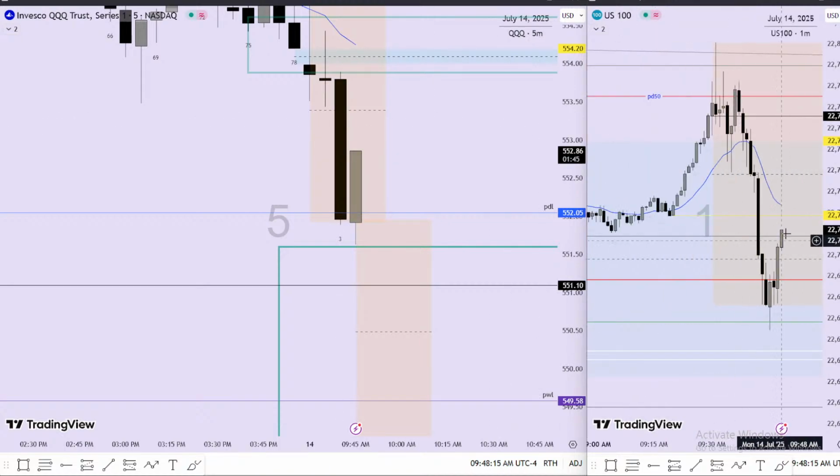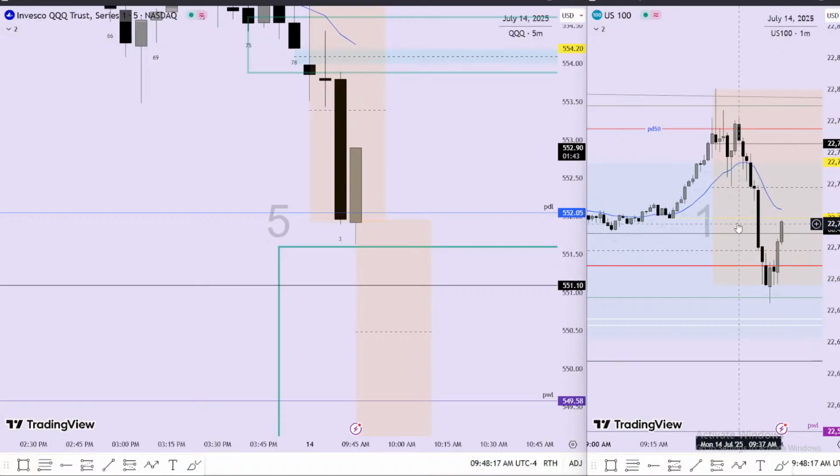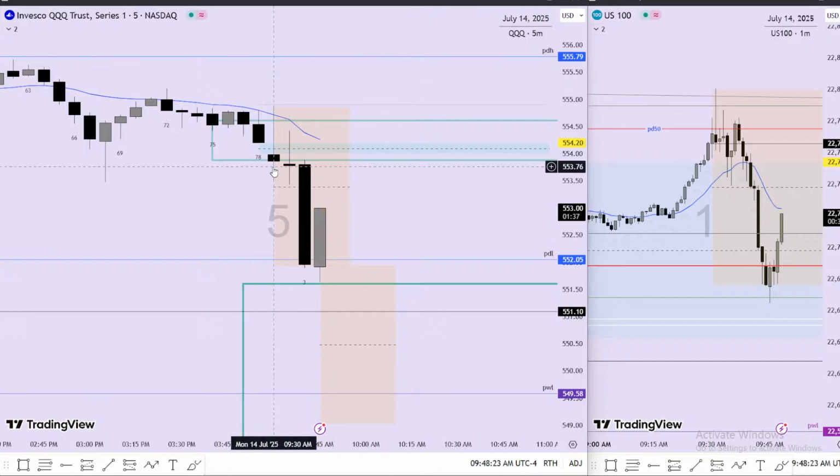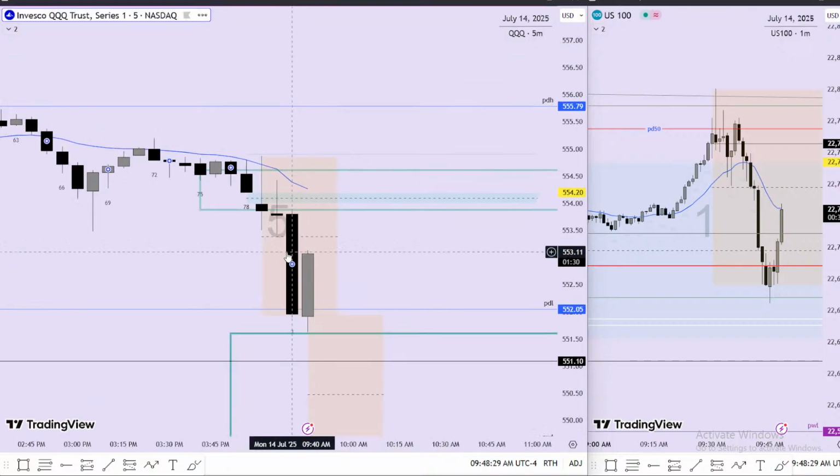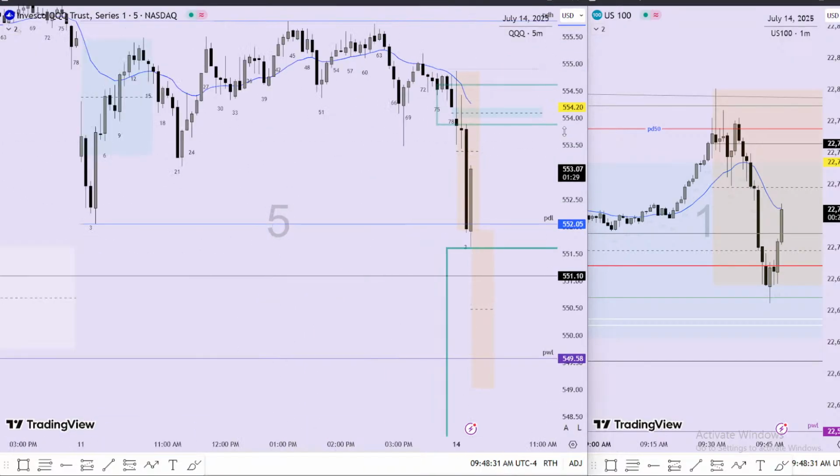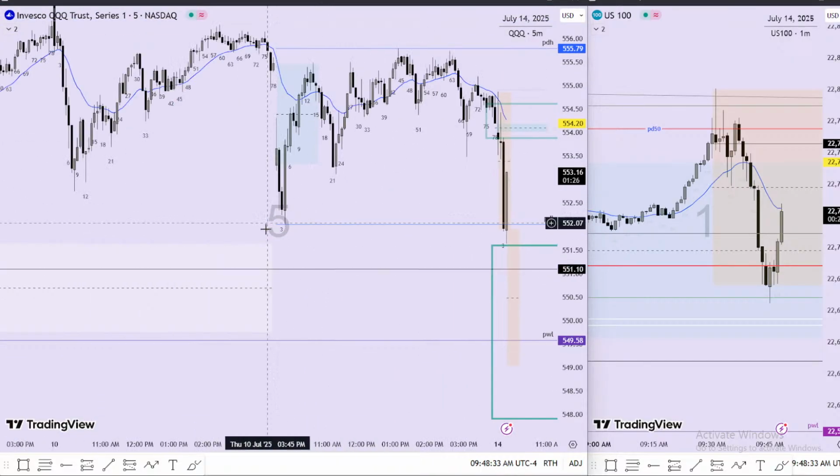Never got a closing below. First bar was a doji bar. The second bar, doji bar. Third bar was a fairly climactic bar. Double bottom with Friday low.